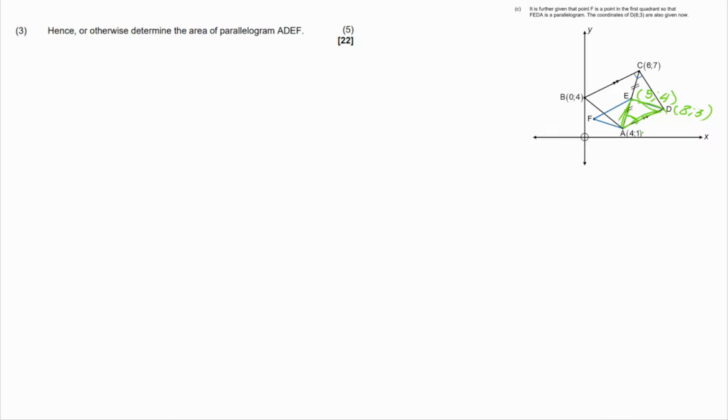So we know that. So what we can do is we can actually do this distance. Let me use a different color. We can work out distance AD, this distance over here, and work out this distance over here. And what we can do then is we can use the equation for the area of a triangle.